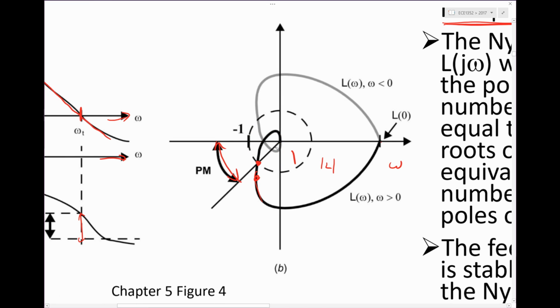Okay, fine. Now what if you have a system that does this? That's really going to blow you away, because over here I've got a gain greater than 1 and a phase that's more than -180, so I'm finished, I'm unstable. But in fact, you're not.